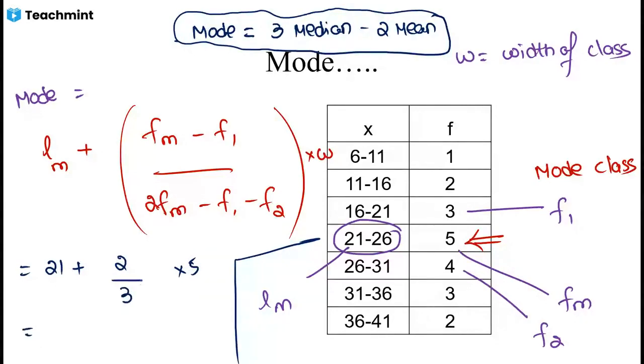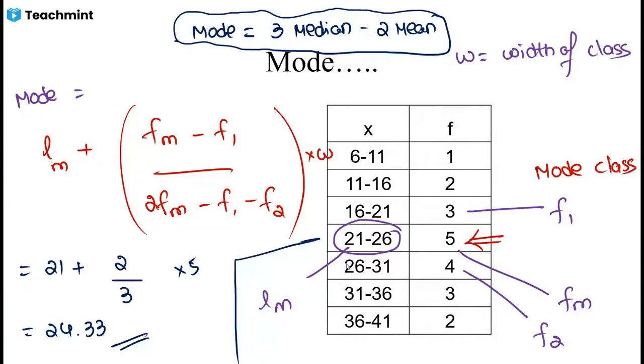We got 3.33. So it's 24.333. Is it? Mode here is 24.333. Right. So this is how we can calculate mean, median, and mode for grouped data and ungrouped data also.